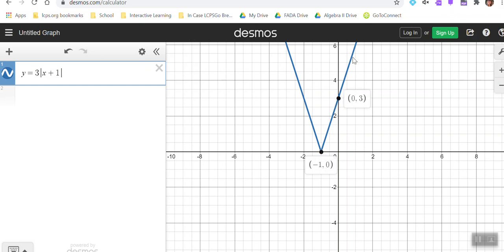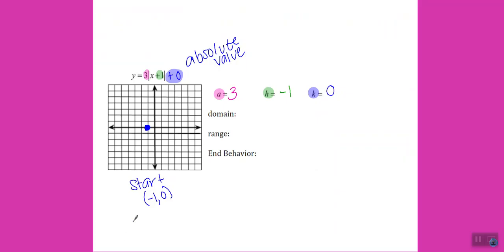And if you look carefully up here, it hits (1, 6), (-3, 6), (-2, 3). And it helps to know that since it's a V shape, it's symmetrical, so whatever it does on the left, it also does on the right, vice versa.